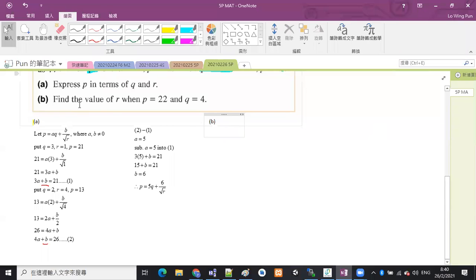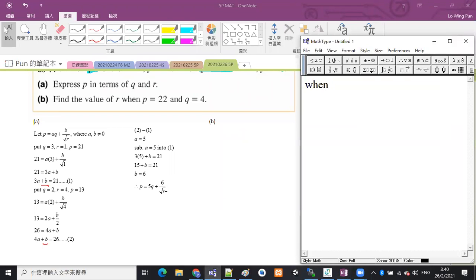Part B, find the value of R when P is equal to 22 and Q is equal to 4. OK, once we know this formula, whatever comes next won't be difficult; it's just substitution and then solving the equation. So look at what numbers they give you. When P is 22 and Q is equal to 4, we just put these two numbers into our equation.